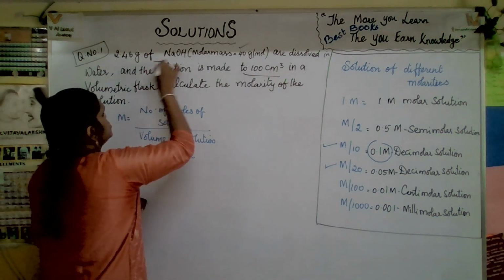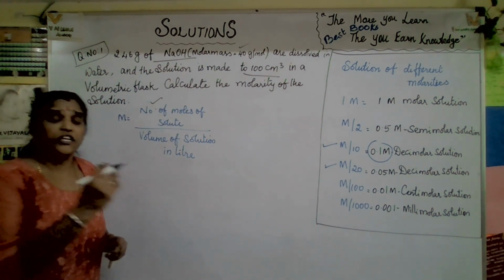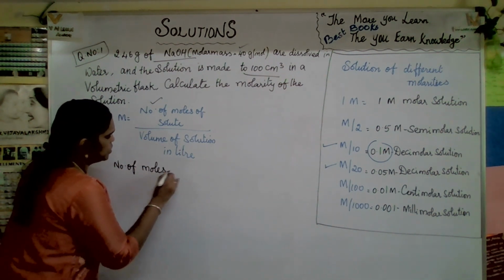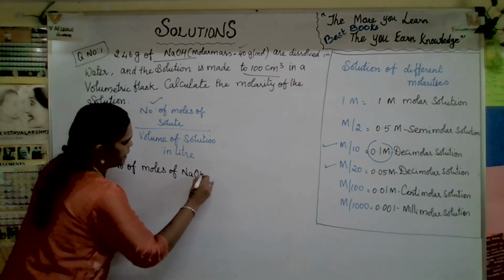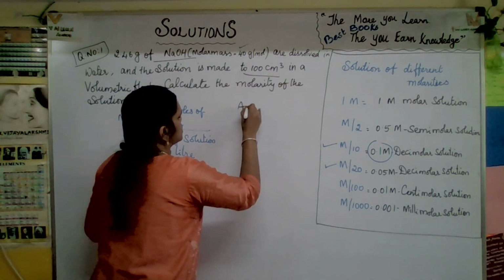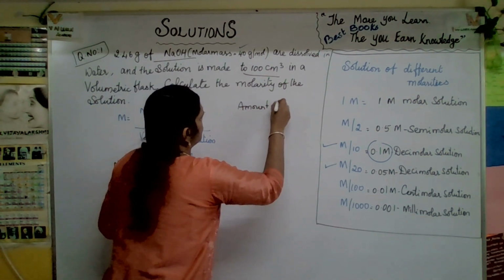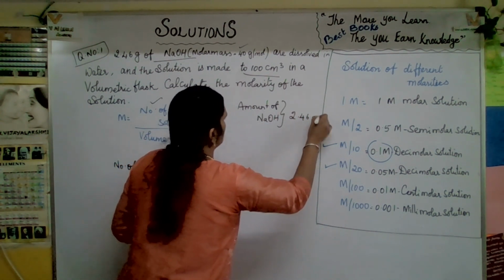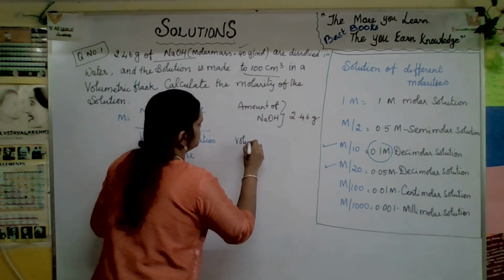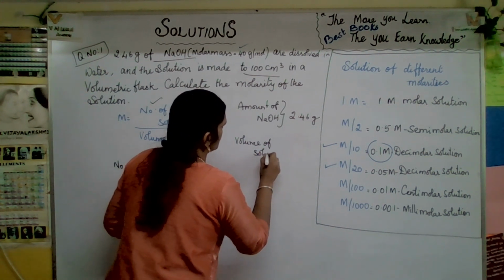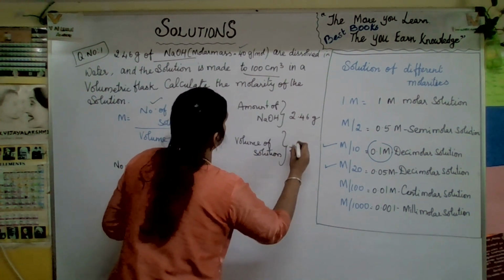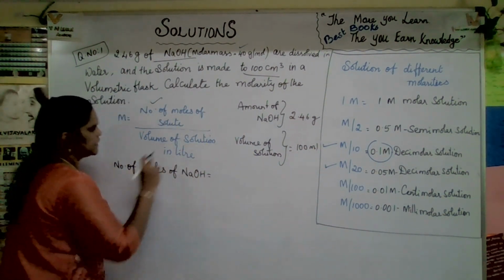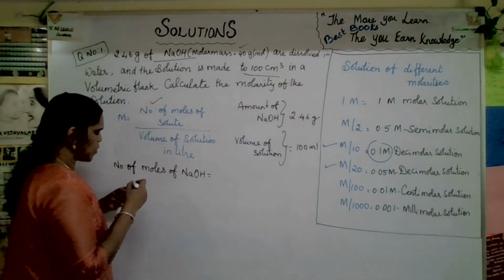Now we have to check the number of moles of solute. The solute is sodium hydroxide, and the amount is 2.46 gram. The volume of solution is 100 ml, which we can convert. Number of moles equals given mass divided by molecular mass.